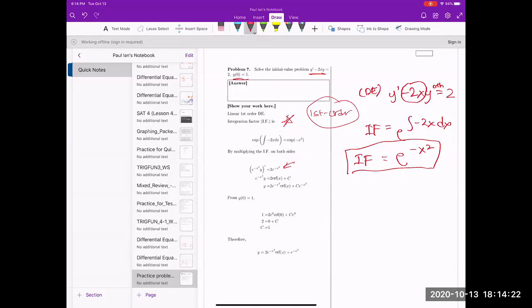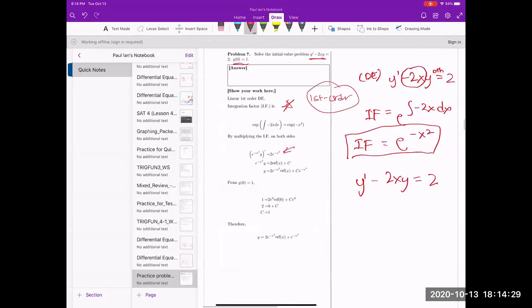Let me write this down first: y prime minus 2xy equals 2. The hardest part about this is looking at the left hand side and seeing there's a product rule in here. So you have to do a reverse product rule, if you remember doing that.